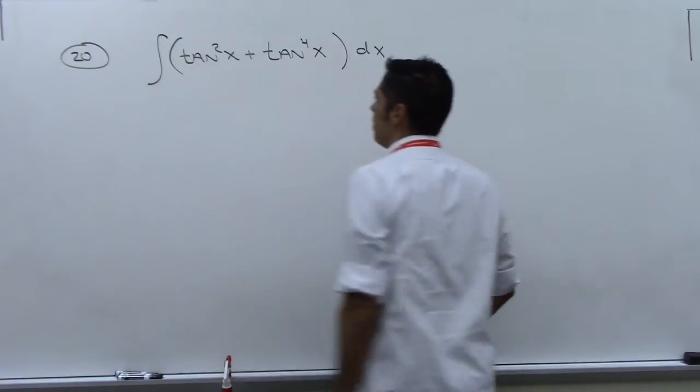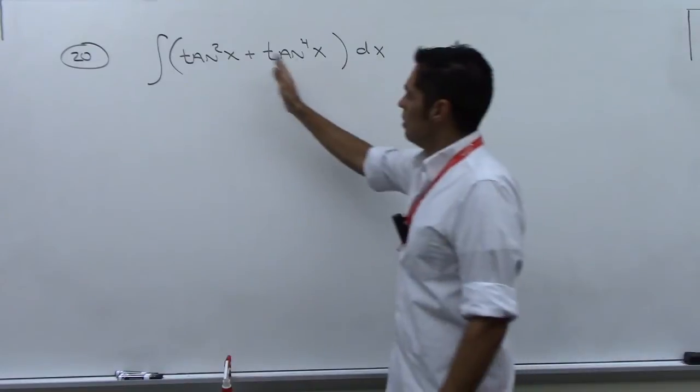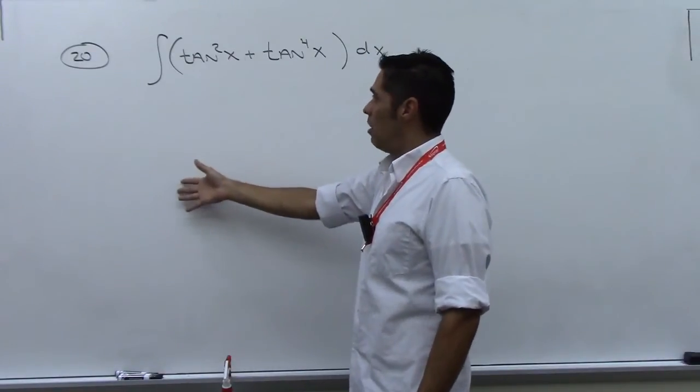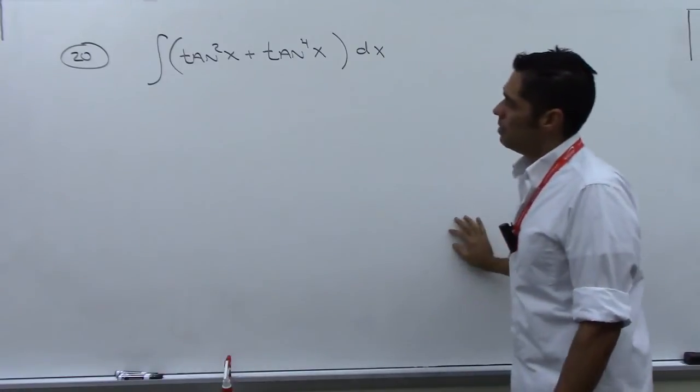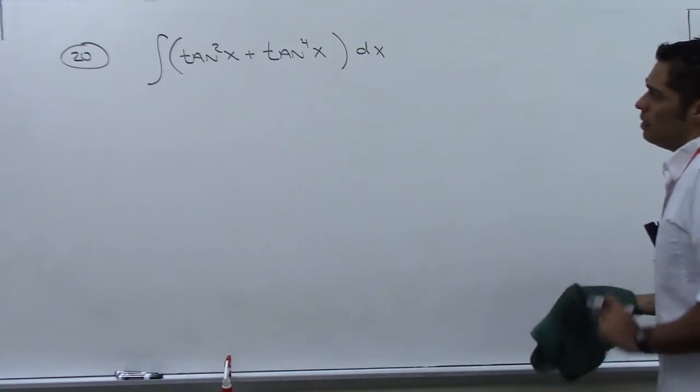Well, I could split this up into two because I have two terms, and I know the antiderivative of tangent squared x. I just did that problem. But tangent to the fourth is a little different because I can't use the Pythagorean identity with that one the way I did the other one.